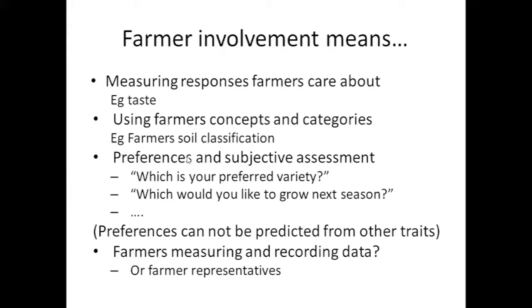The third thing is that many of the farmers' decisions are based on preferences. They don't necessarily choose the variety that produces the highest yield or has the lowest pest tolerance. They will have an idea, they will have a preference for varieties that they want to choose.